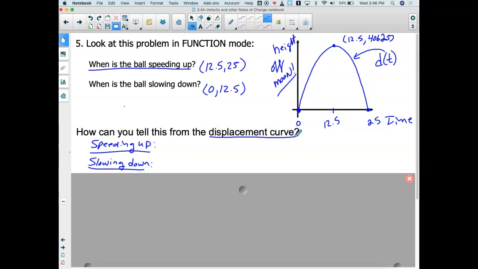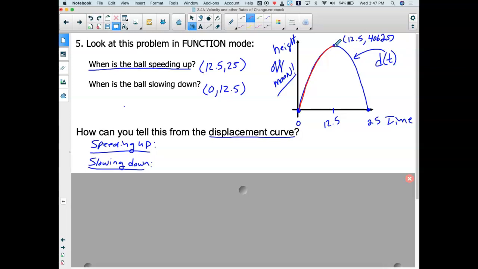Speeding up, slowing down, that's talking about change in displacement over change in time, right? So that's really alluding me to looking at a velocity, and I know my velocity is the derivative of position. When I'm looking at all these curves, I can see right here on my position curve, from 0 to 12.5, I'm slowing down there.